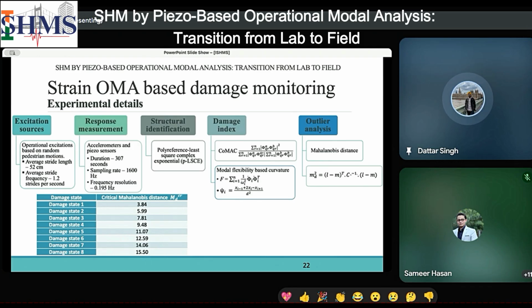Now from mode shapes, there are multiple types of damage indicators that can be developed. One is MAC values, which we studied earlier. Then we have COMAC values, then strain energy methods, then stiffness based methods and flexibility based methods. For this study, we have used COMAC as a damage indicator. COMAC is an advanced version of MAC values. MAC is an indicator of the relative regression of 2 mode shapes.